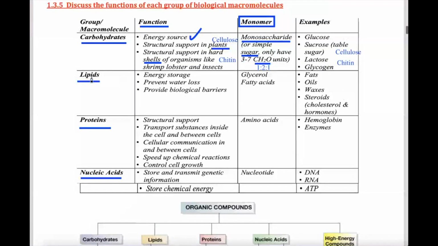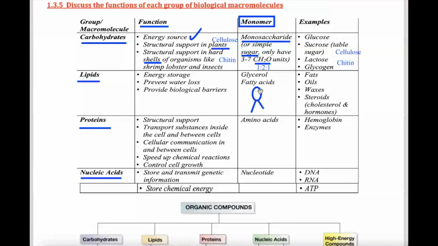Lipids are made up of fatty acids and glycerol. They are either phospholipids or triglycerides. And if you remember the phospholipids, you study them like this. This is the phosphate group, and you have the two tails, like this and like this.